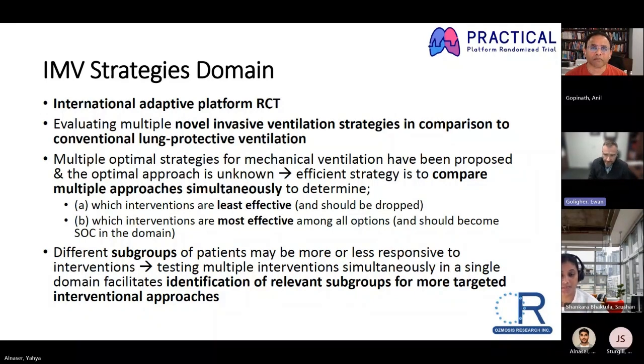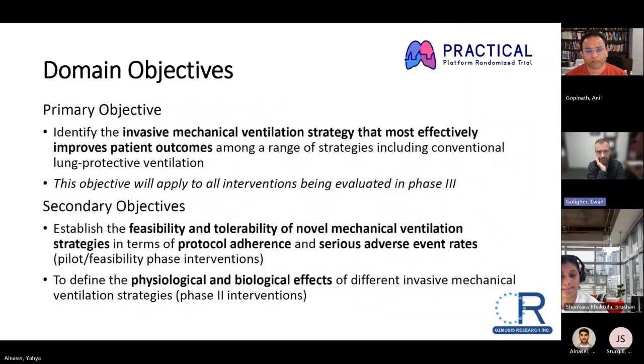We're also actively investigating how treatment effect might vary between subgroups, and so a lot of interesting analytical and methods development, exploring how best to account for differences in subgroups as the trial proceeds. The overarching objective of this domain is to establish which ventilation strategy most effectively improves outcomes.